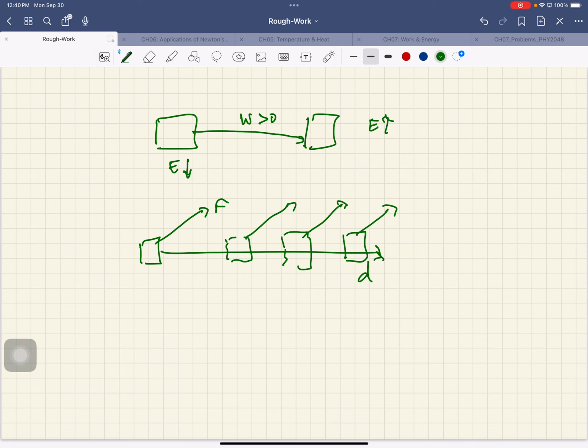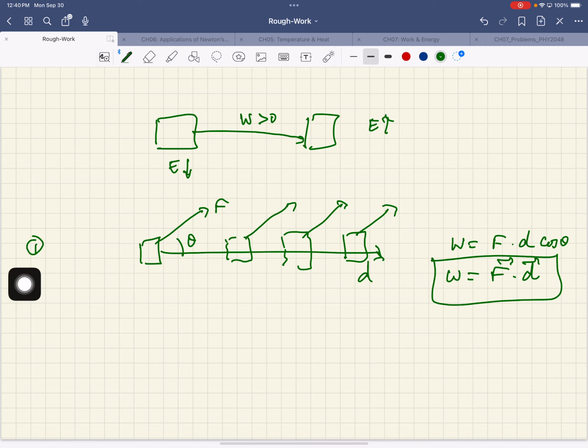So for a constant force, the work done was this dot product. And that was one of the reasons why we learned how to take dot products of vectors.